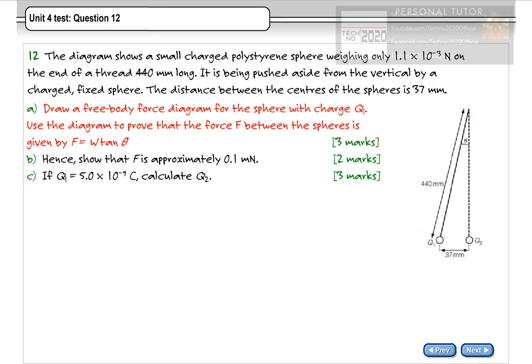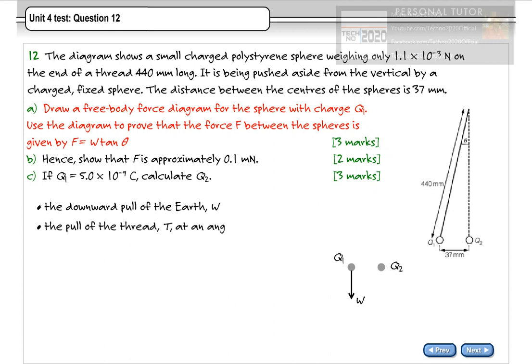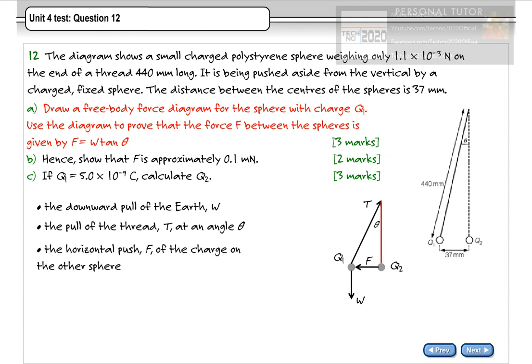In part A, the forces on the sphere carrying charge Q1 are the downward pull of the Earth, W, the pull of the thread T at an angle θ, and the horizontal push F of the charge on the other sphere. The sphere is in equilibrium.